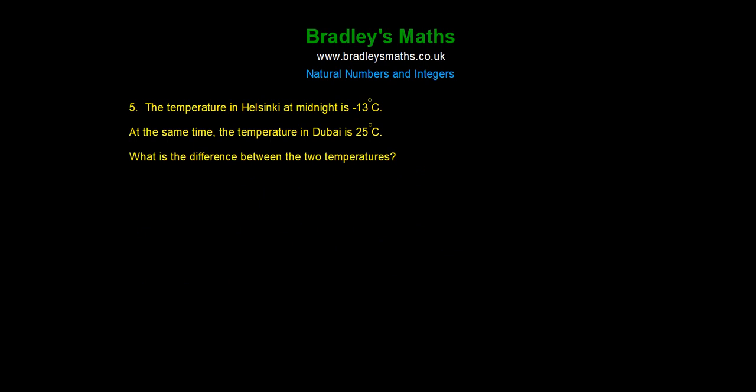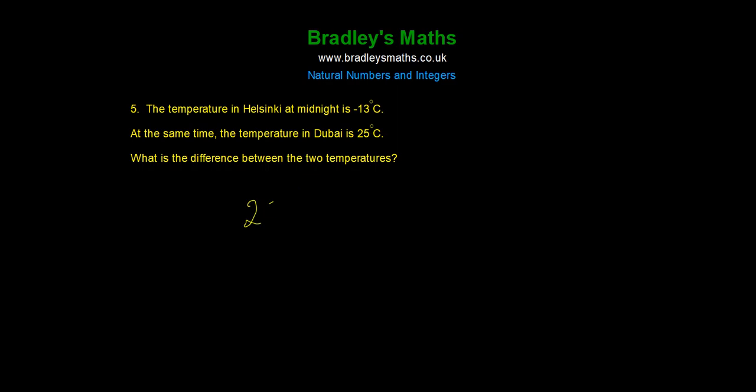So what we have here is 25 take away -13, which equals 25 plus 13, which equals 38 degrees Celsius.